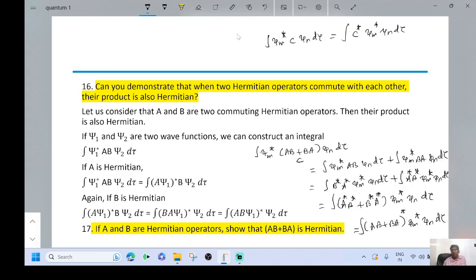Therefore, AB plus BA is Hermitian. In the same manner, we can prove that AB minus BA is not Hermitian. AB plus BA is Hermitian, but AB minus BA is not Hermitian.